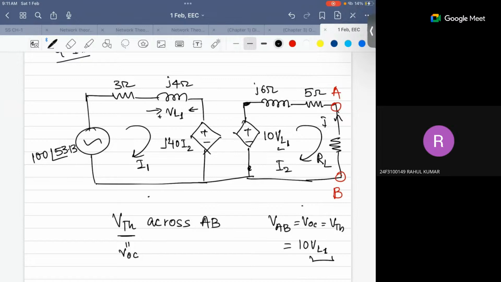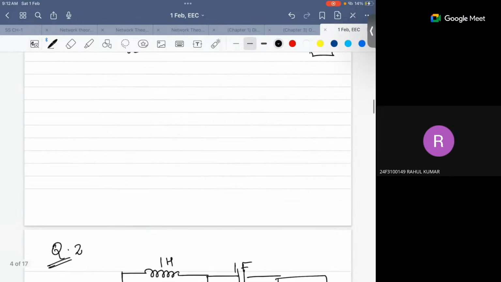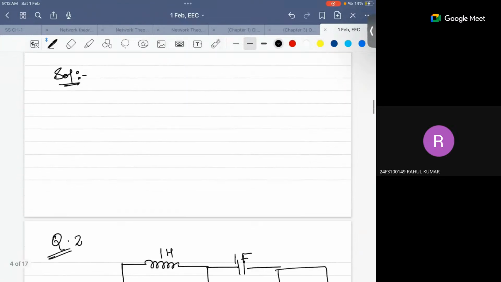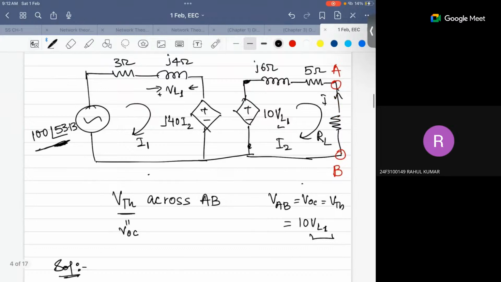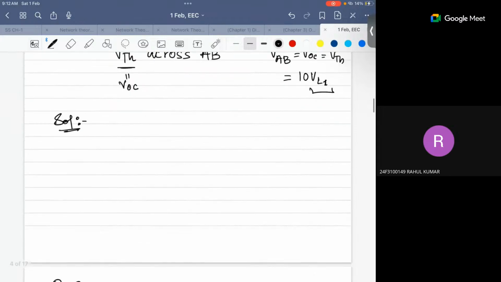Now what you have to calculate is the voltage across this inductor. You have been given the voltage here, so with the voltage divider rule you can calculate the voltage across this inductor, correct? So how will you calculate? Let's solve it. You write it in the form 100 angle 53.1.